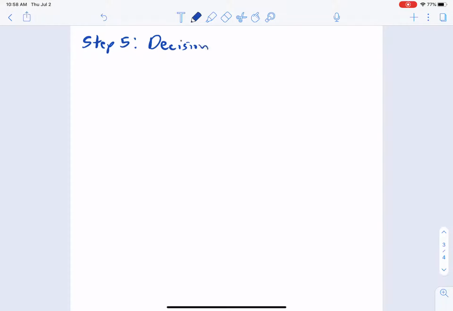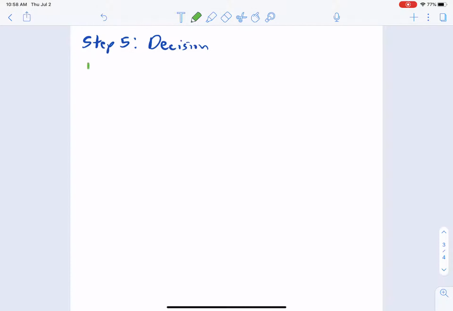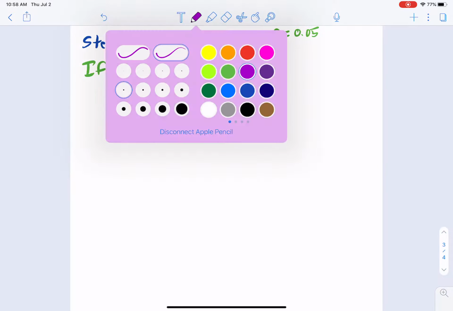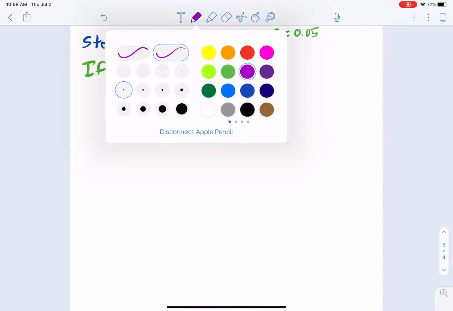And let's write out the general idea here, right? So if the p-value is less than alpha, and our alpha is 0.05, then we reject H naught, our null hypothesis.